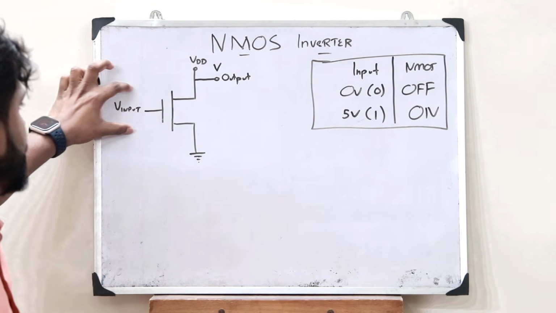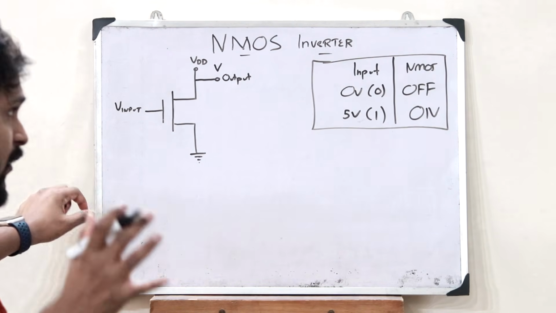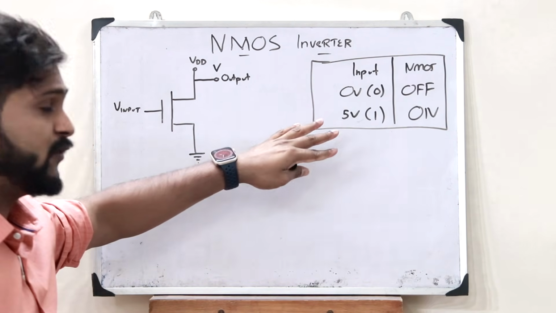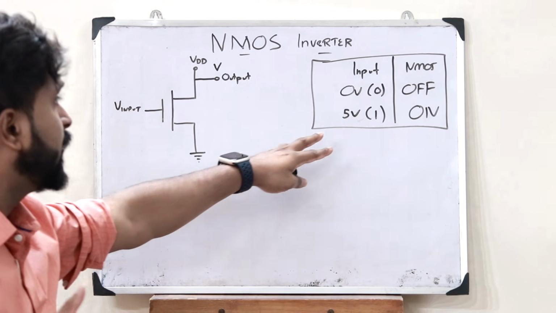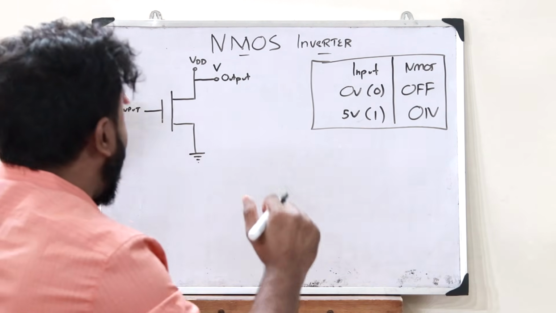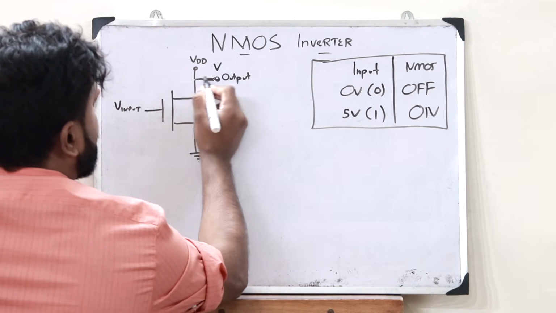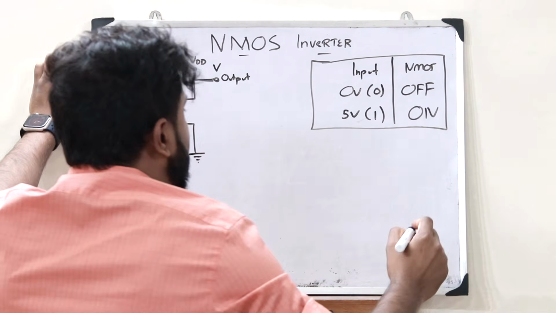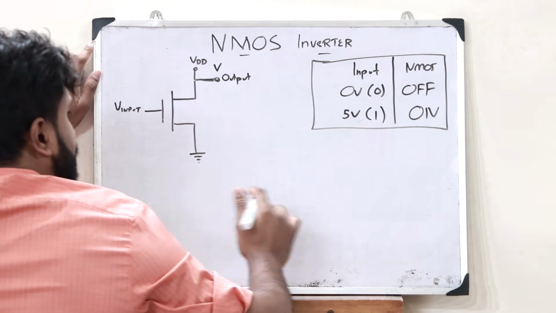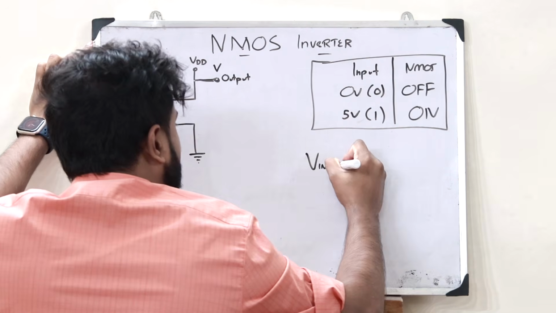That is, if the input is 0, then this switch is in the off condition. And if the input is say 5 volt, which is the logic 1 condition, then this switch is in the on condition. The output of this NMOS inverter is taken from this terminal over here. Now let us see what output we get for a corresponding input.